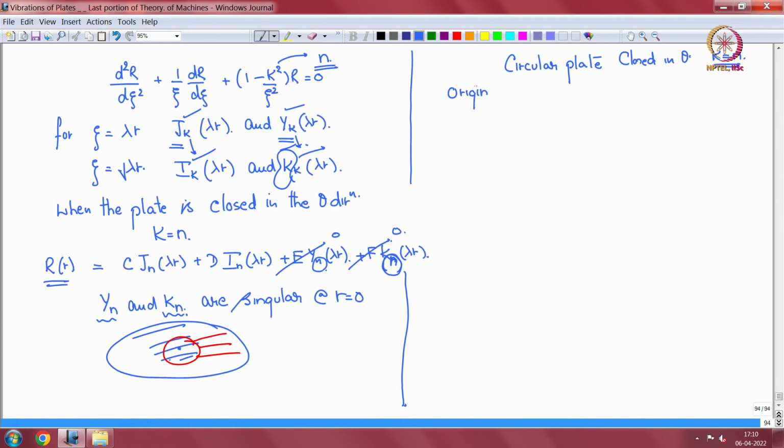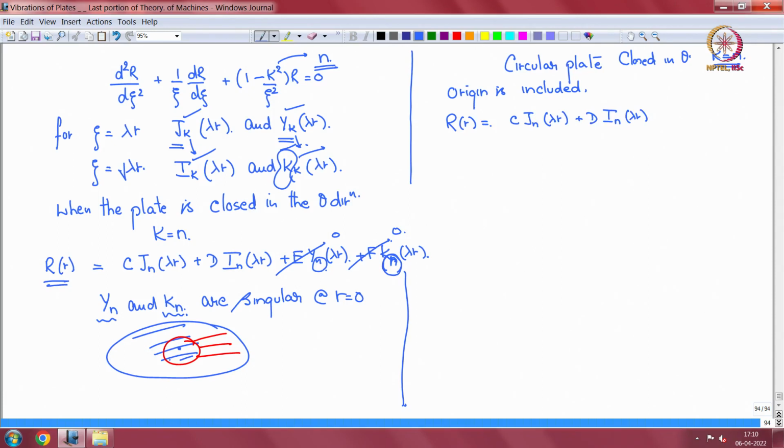Origin is part of the domain. As a result, my solution is C times J_n(λr) plus D times I_n(λr) is R of r. That is the solution.